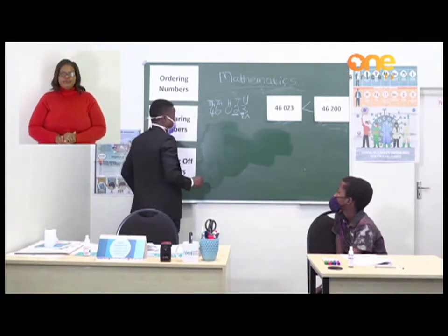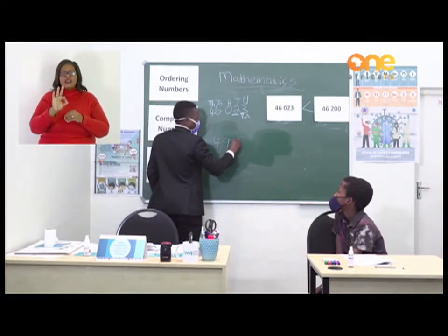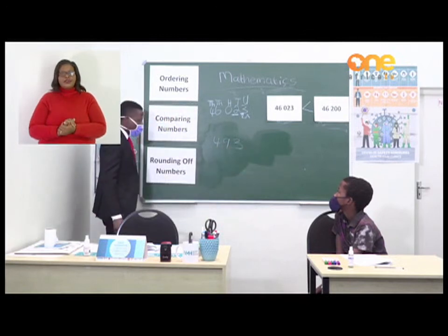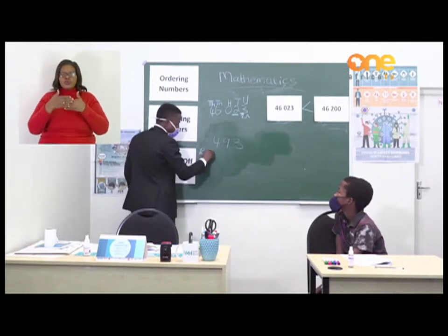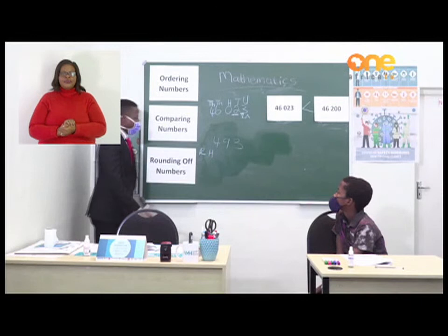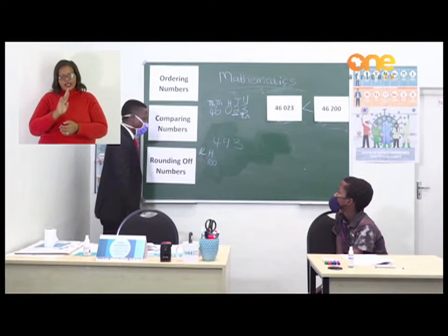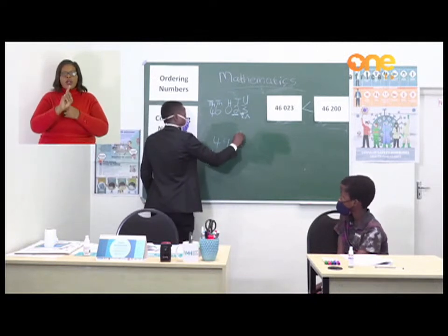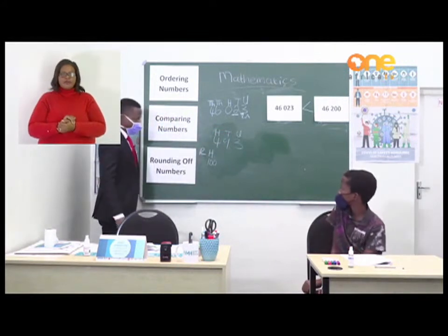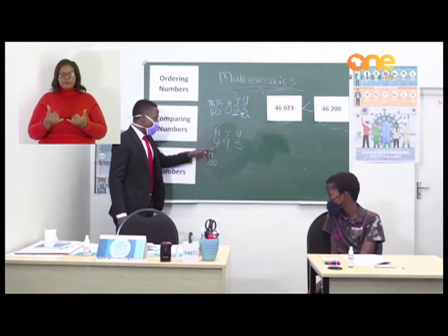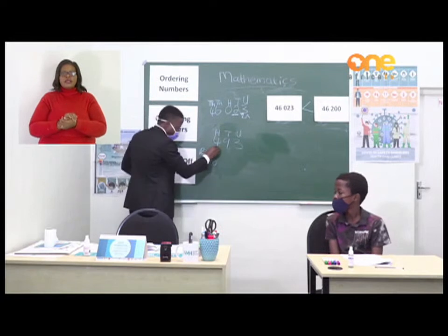Let us look at this number. I'll put a number here. I'll have 493. Then we have to say, round off this number to the nearest 100. H is 100. We have a unit, we have a 10, we have 100. Now, the number we are rounding off here is in the position of 100. So that number will be 4.